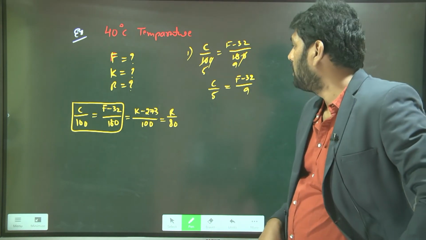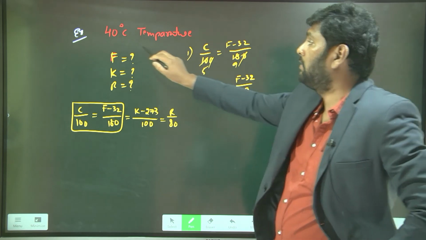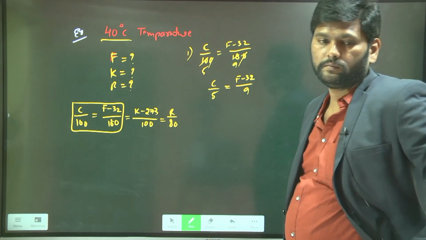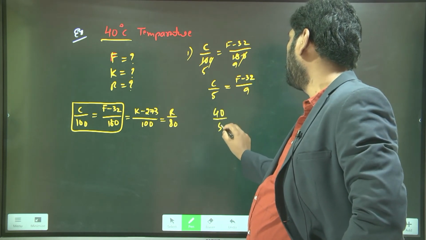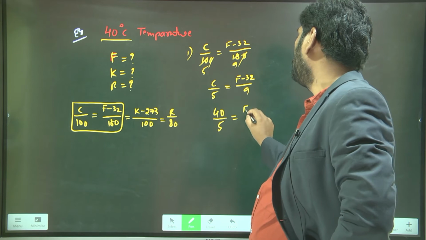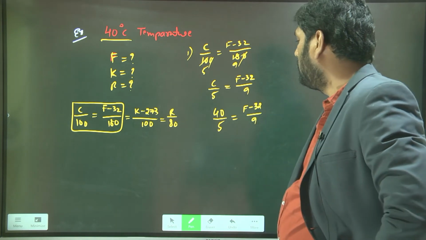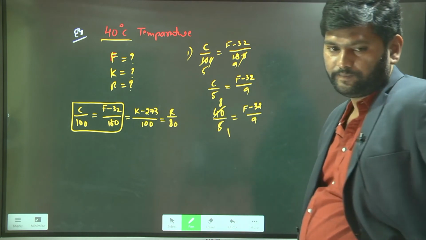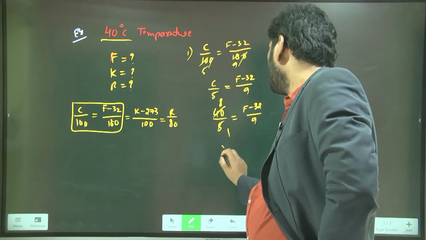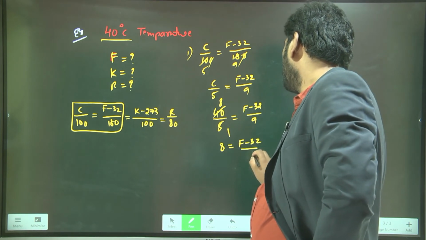The thermometer reading in the Celsius scale is 40, so 40 by 5 is equal to F minus 32 by 9. 5 eights are 40, so 8 is equal to F minus 32 by 9.